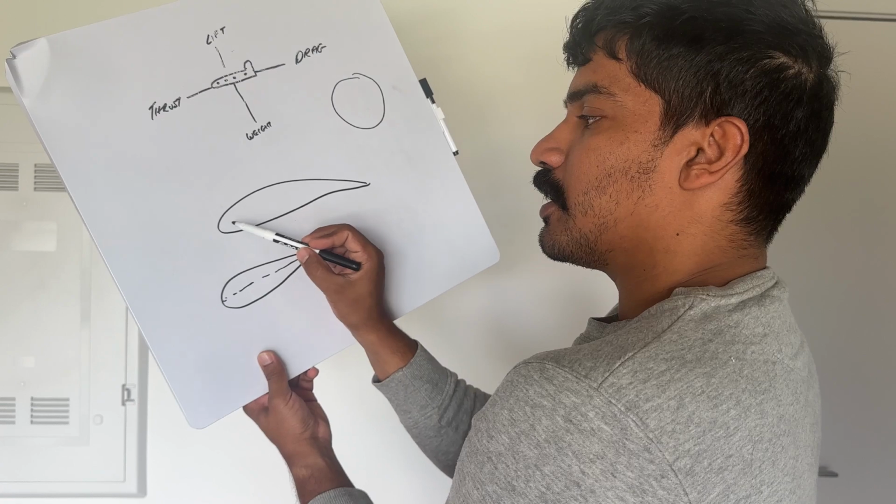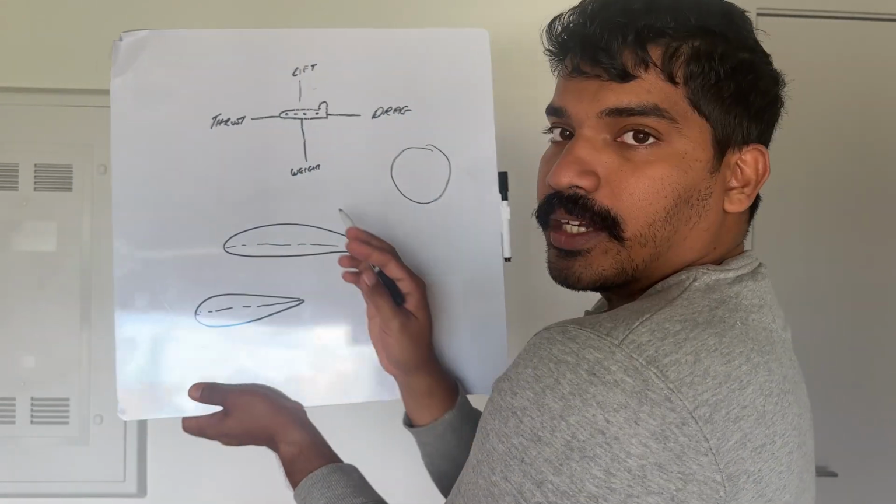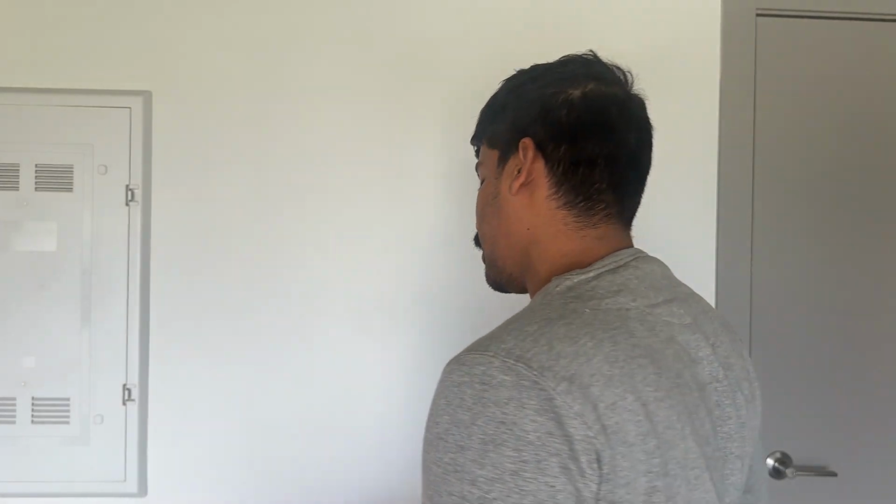And an asymmetrical aerofoil is one in which, when I cut an aerofoil in two halves, we don't get two equal halves. Symmetry is basically, if I take an object and cut it into two halves, you get two identical twins, two identical parts. And if you cut an object into two halves and you do not get two equal parts, it's called asymmetry, right?